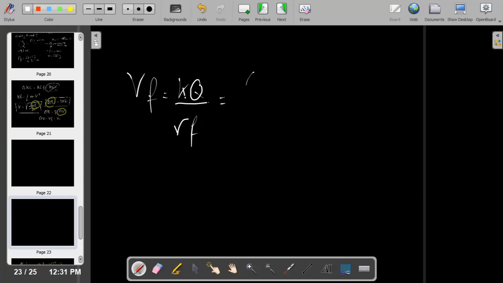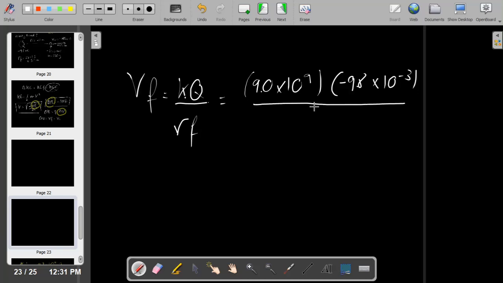So what is that? 9.0 times 10 to the 9, multiplying our charge. And if you remember, that was in the incorrect unit, so you need to multiply by 10 to the minus 3 to make it into coulombs, divided by that final distance that we found, 3.9 meters.